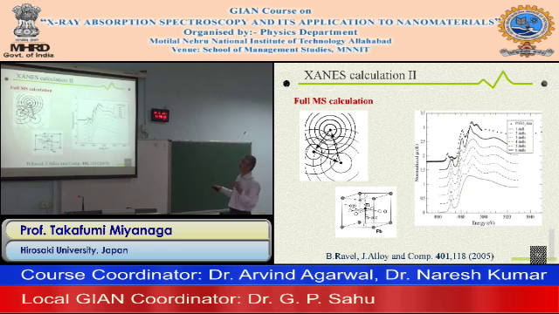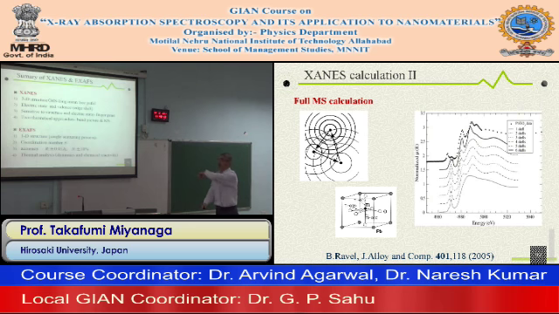If we take into account six shells, the calculation result is close to the experimental result. So there are two interpretations for the ZANES region: band electron excitations and multiple scatterings.